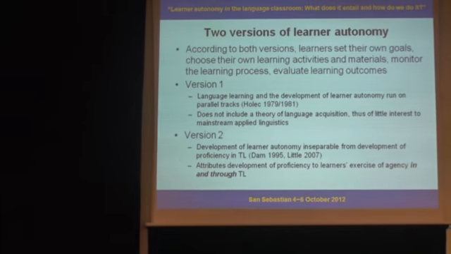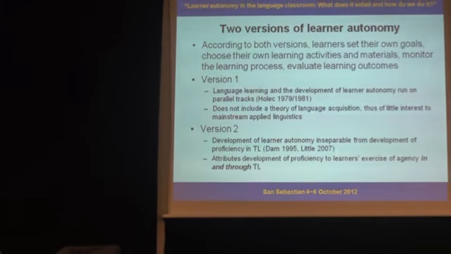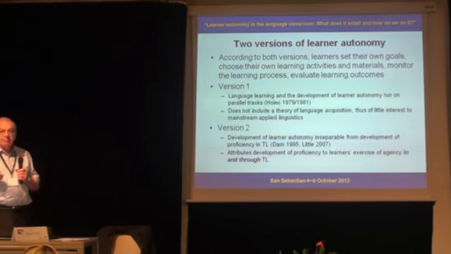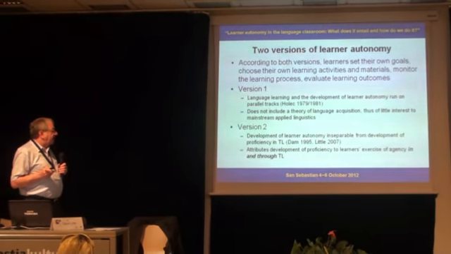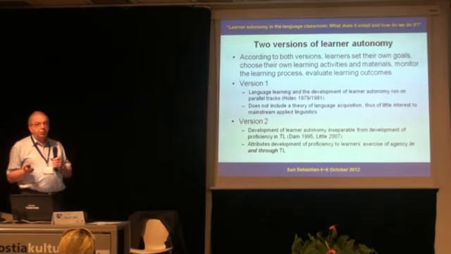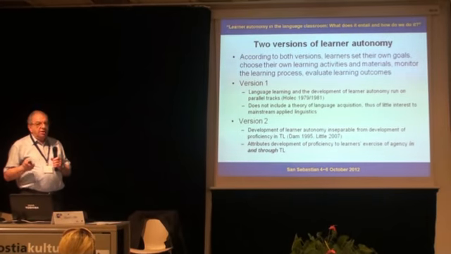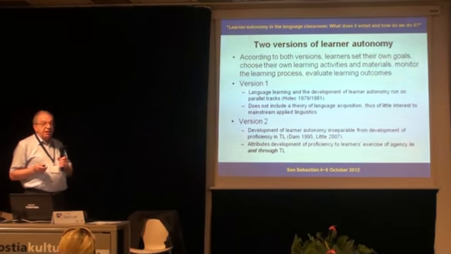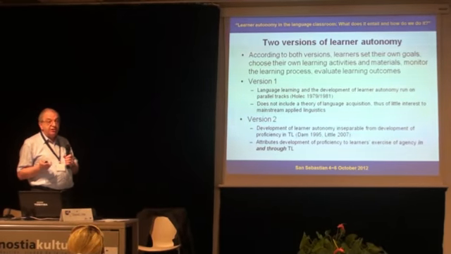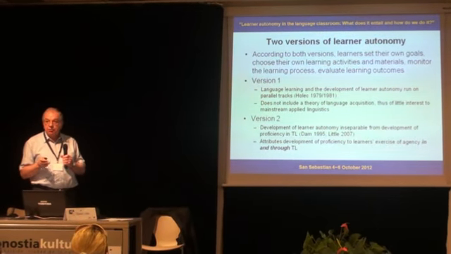This version of learner autonomy attributes the development of proficiency to learners' exercise of agency in and through the target language.